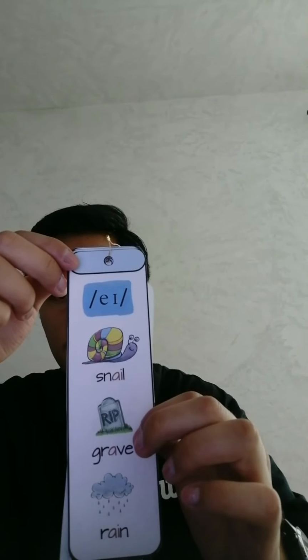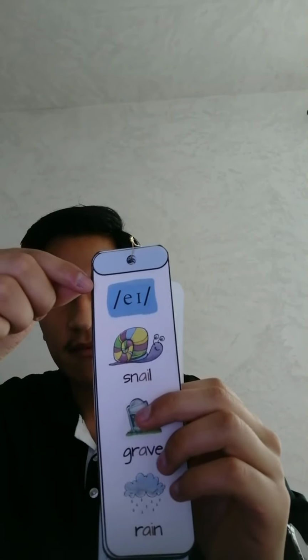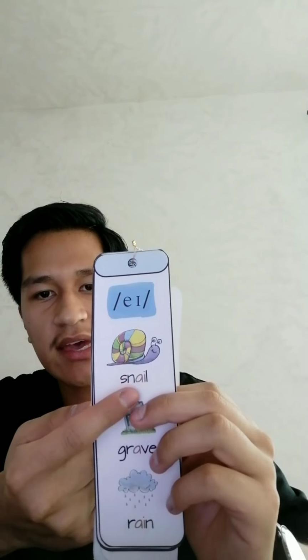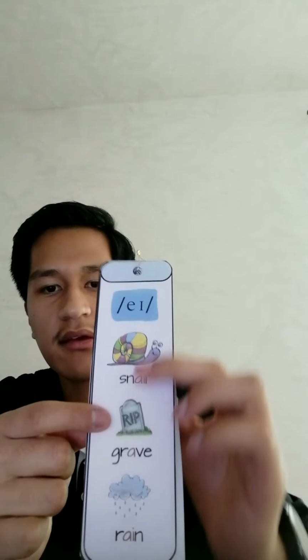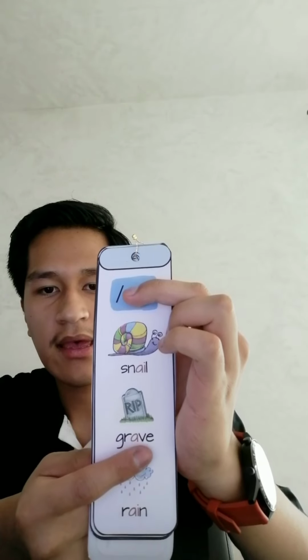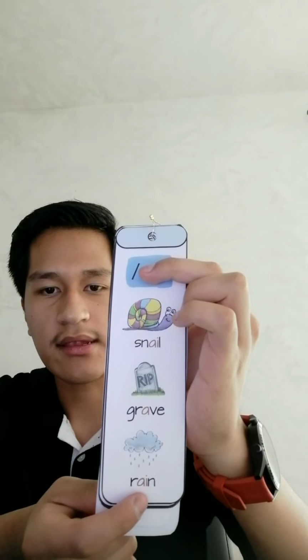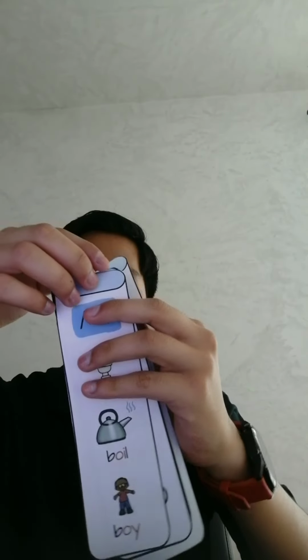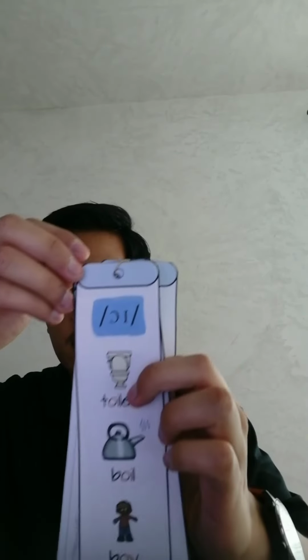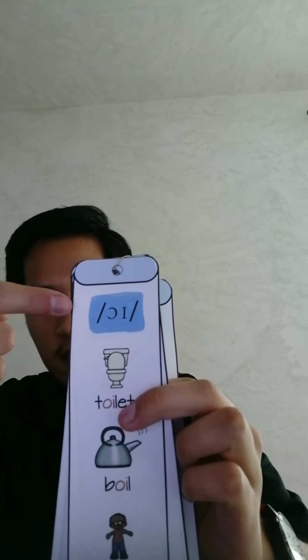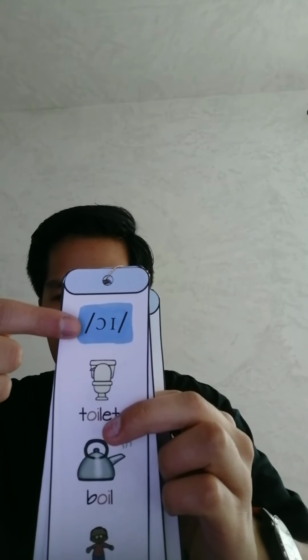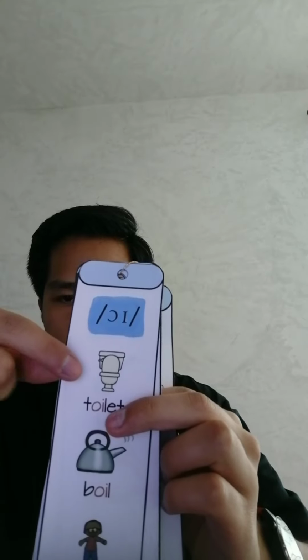In this case, you need to start. The correct sound in this case is A, and you have snake, A, grave, A, rain, A. Next, number two, we have this symbol, and the sound is oil.